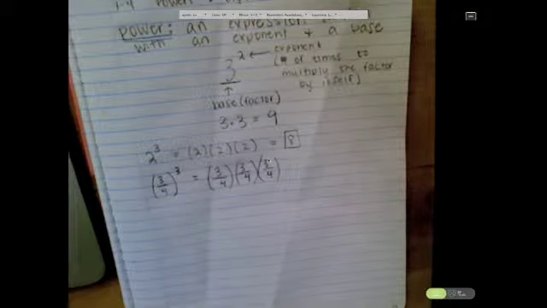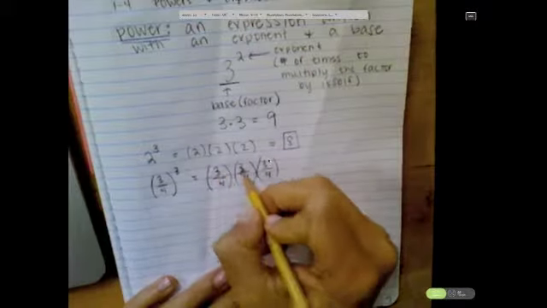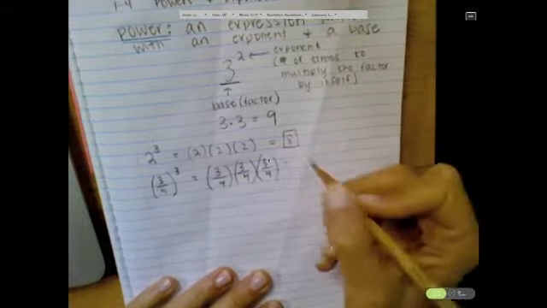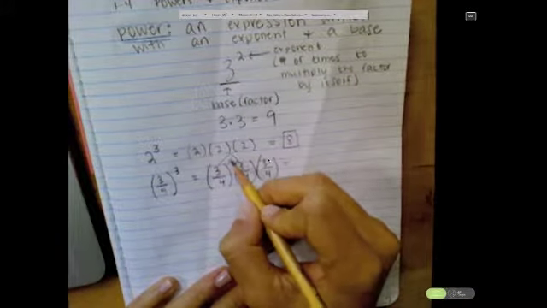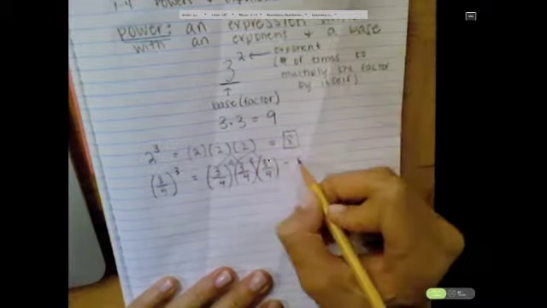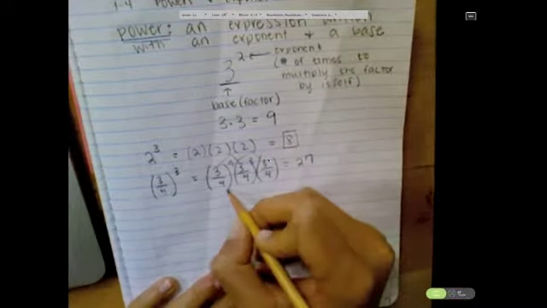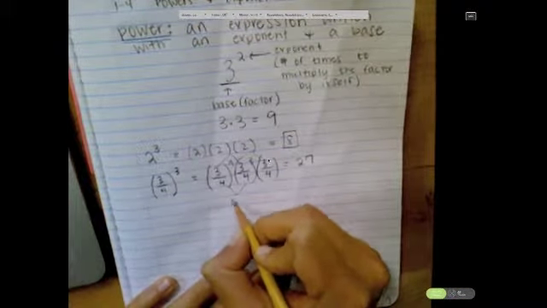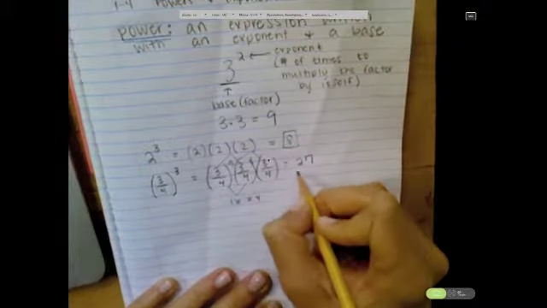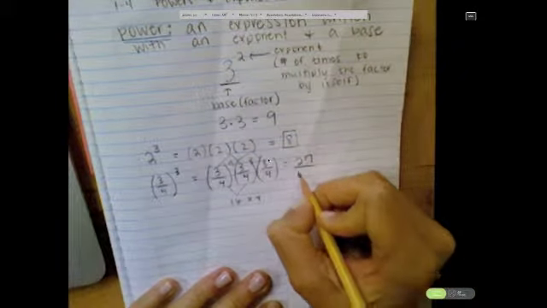So just do the numerators and then the denominators. 3 times 3 times 3. 3 times 3 is 9. 9 times 3 is 27. Good. 4 times 4 is 16, times 4 is 64. Good.